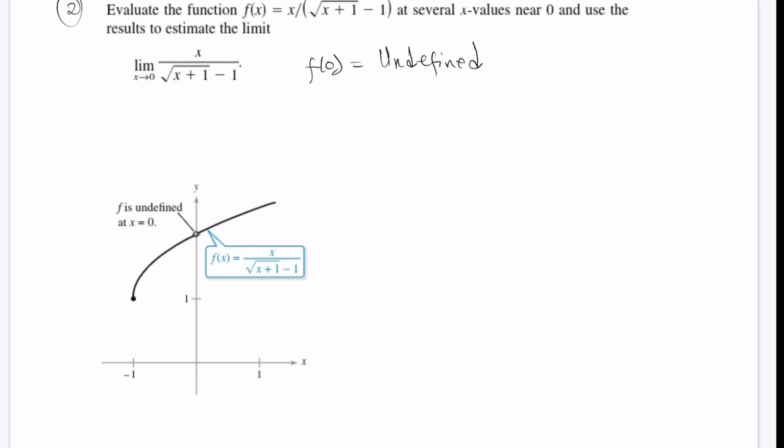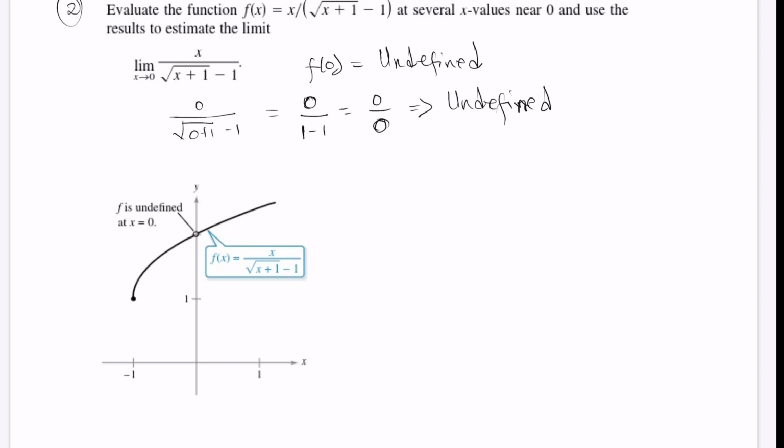Because you're going to end up with 0 divided by the square root of 0 plus 1 minus 1. And this will give us 0 divided by 1 minus 1, which is 0 over 0. And 0 over 0 is undefined. We don't know the definition of this. So clearly, we have a function which is undefined.